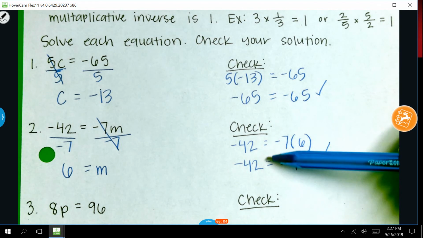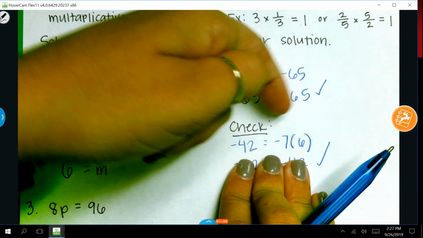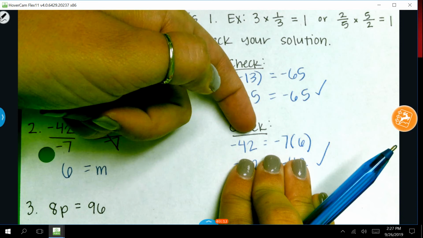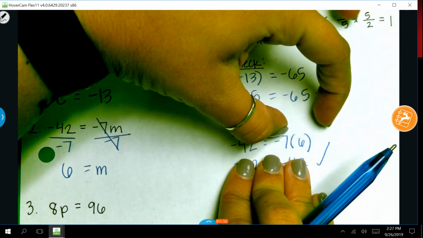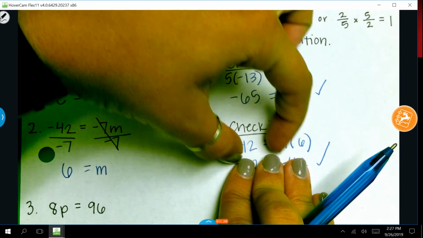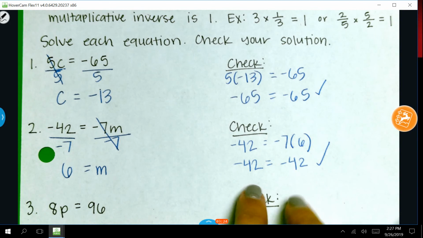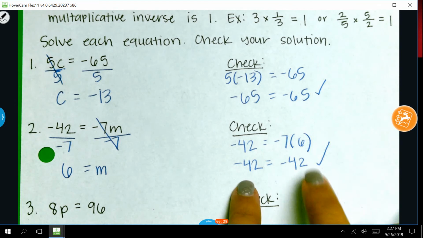Remember that when I rewrite the original equation, it's not telling me that negative 7 times 6 is equal to negative 42. The goal of this is to make sure that the left equals the right. So you know that your left is always going to be negative 42. That's why you have to add this other step down here too, because you're making sure that on both sides of that equal sign, it is equal.